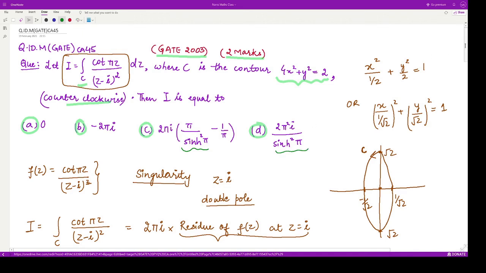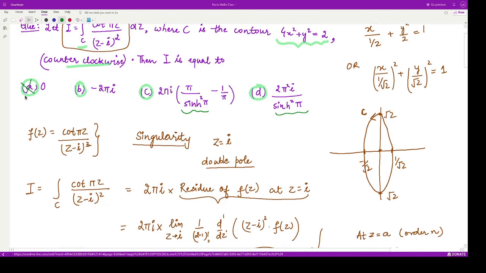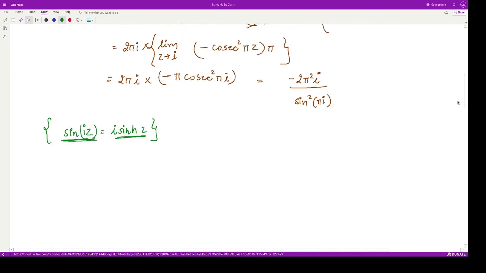So just put this value over here. After calculation and simplification, you will end up with 2 pi square iota divided by sine hyperbolic square pi. So this would be your final answer.